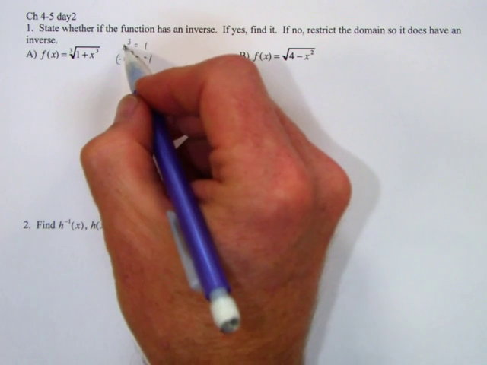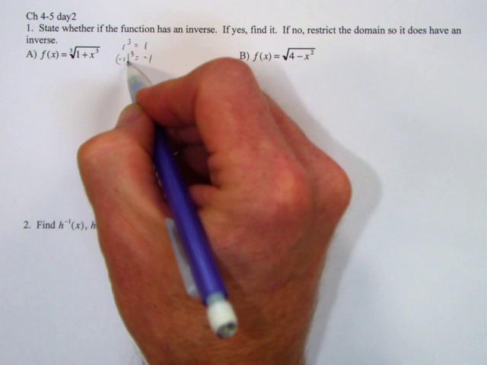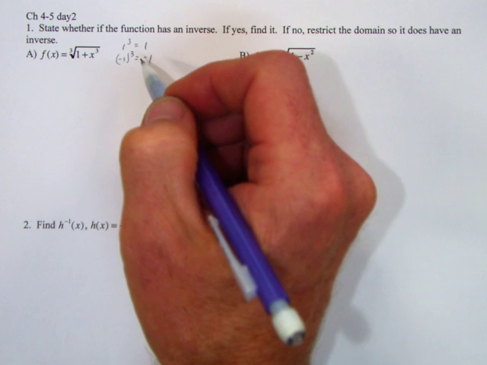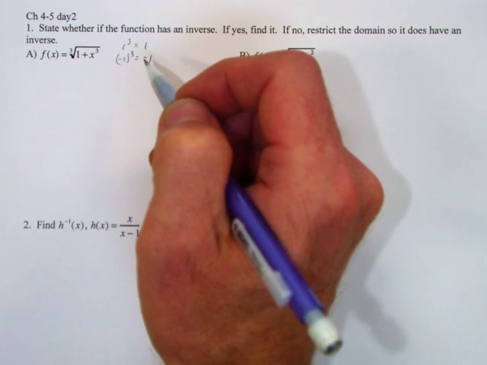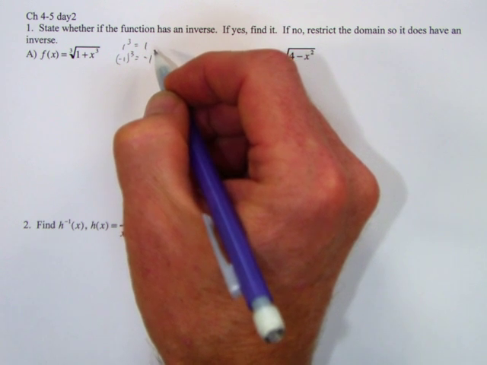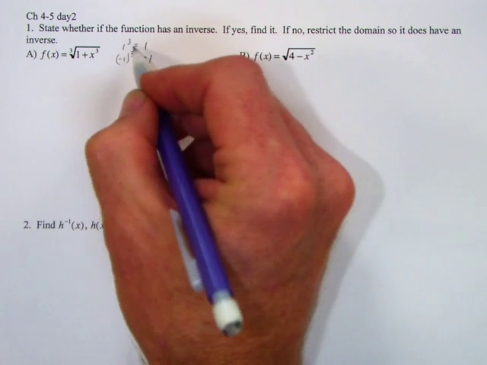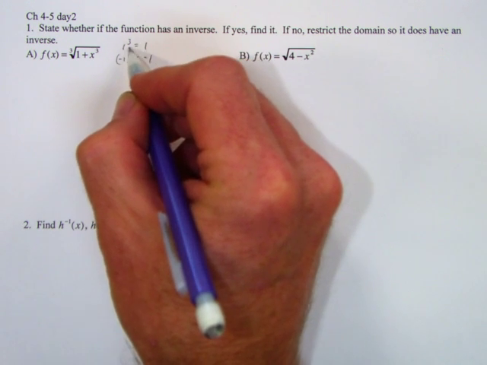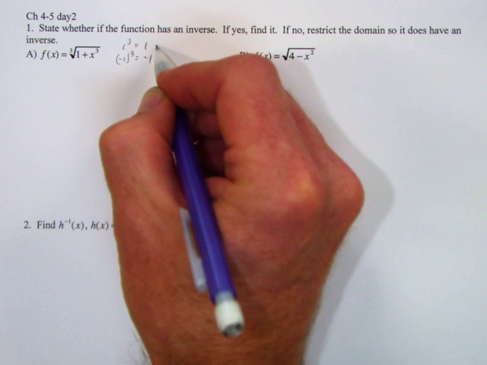If I cube a positive number, it's always positive. If I cube a negative number, it's always negative. Unlike if I was squaring a number, if you squared a positive or negative, if the numbers were the same, then you're going to get the same result. But here, if I cube it, there's no way to cube two different values and get the same result.